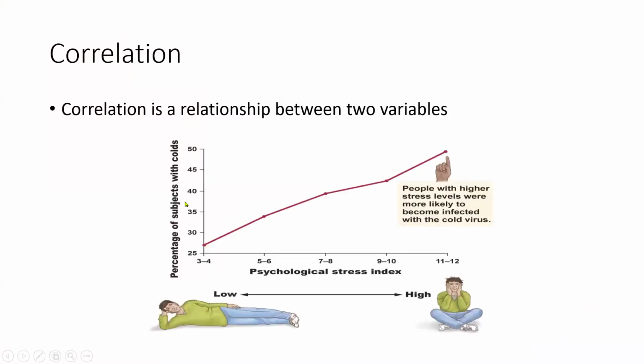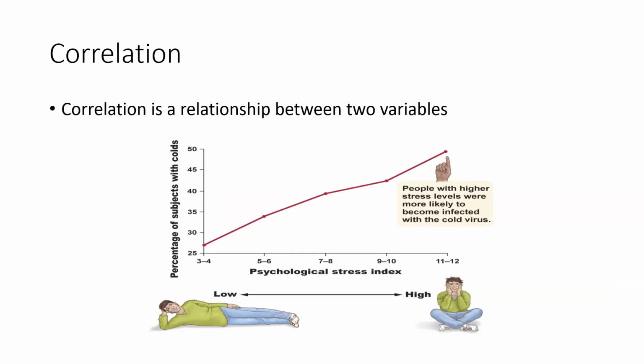Hey, a couple more slides. When we do the experiment and we find out there's some relationship between the independent variable and the dependent variable, it's important to remember that just because two things are correlated, just because there's a relationship between two things, does not automatically imply cause and effect.